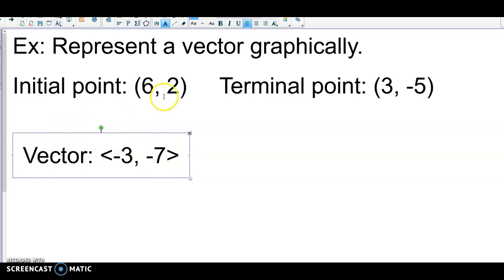Again, we had to shift from 6 to 3 by going to the left 3, so that's -3. We had to go down from 2 to -5, so that's -7 there. So that's our vector, and there you can see graphically what that means. Okay, so moving on.